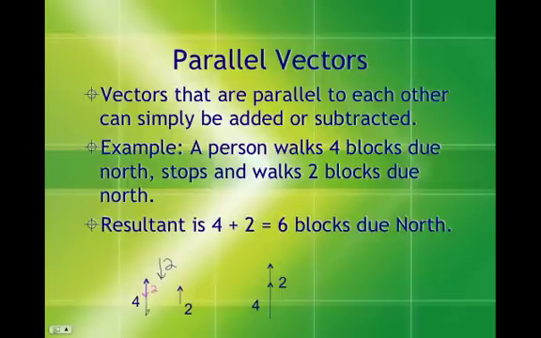Our resultant then is going to be this portion here, and it would be 2 blocks. Okay, so you just subtract the 2 because they were parallel to each other, but they weren't going the same direction this time. This time they were going 2 opposite directions. So if they're going the same direction, you add them. If they're going opposite directions, you subtract them.